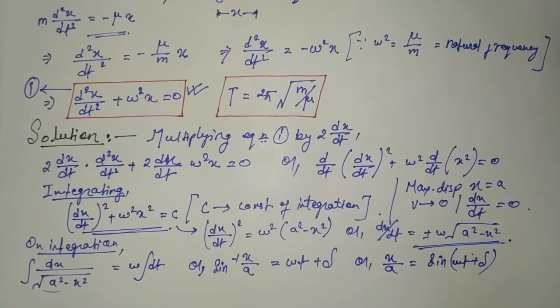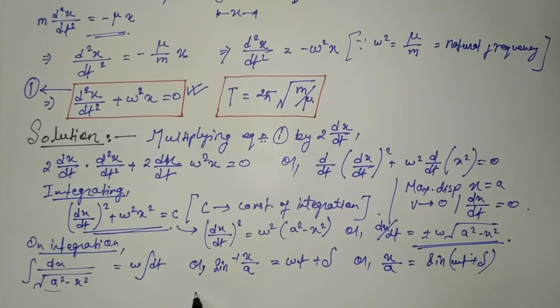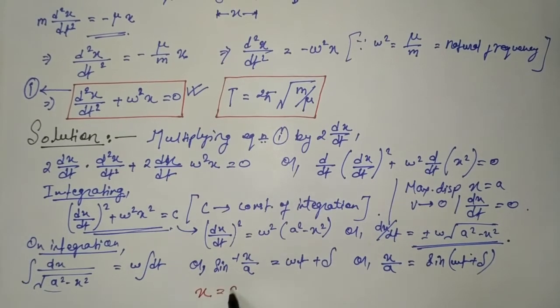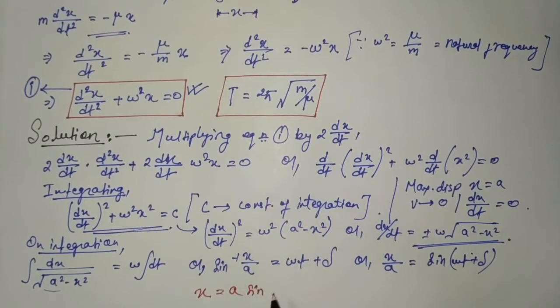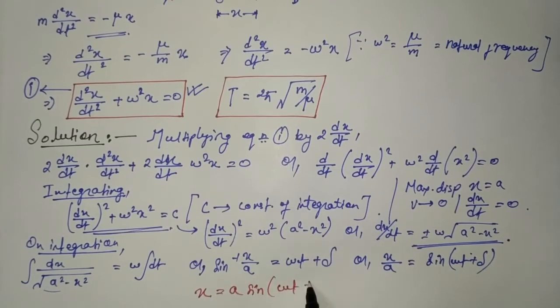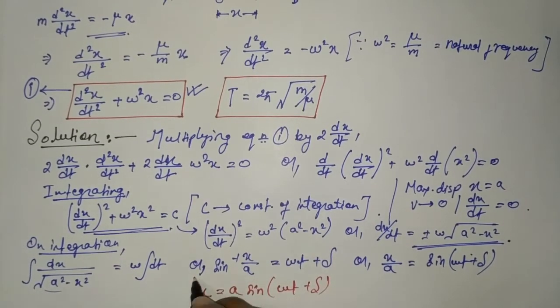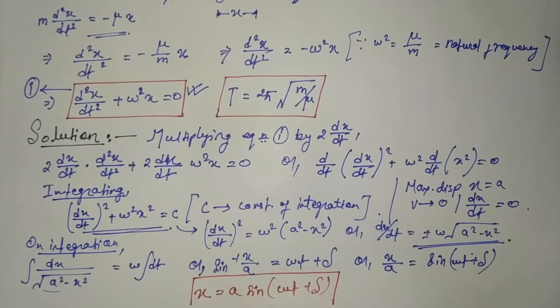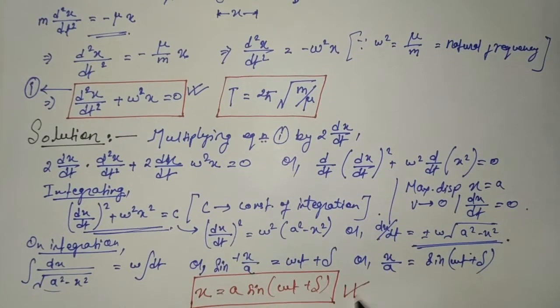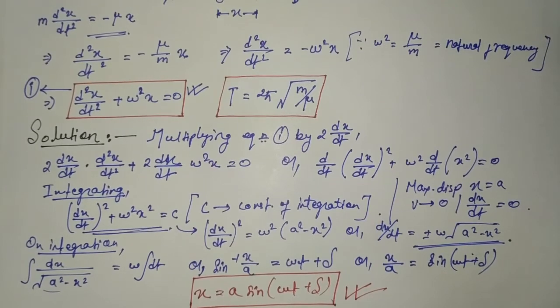Multiplying by a, the final value is x equal to a sine of omega t plus delta. So this is the solution of the differential equation of SHM, and we will use this formula for defining simple harmonic motion.